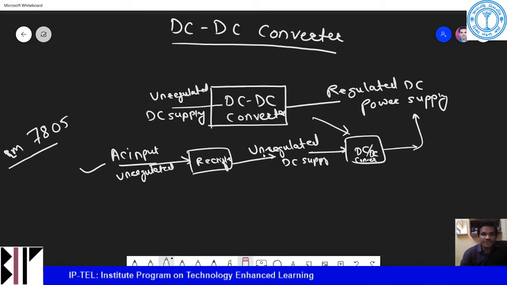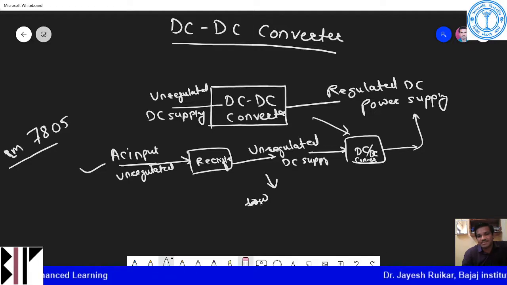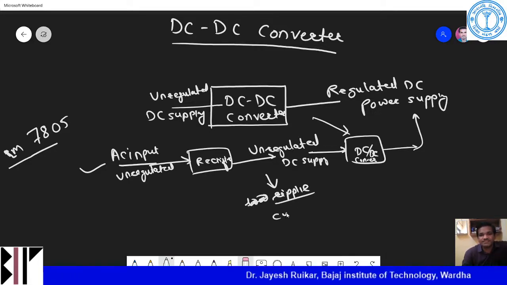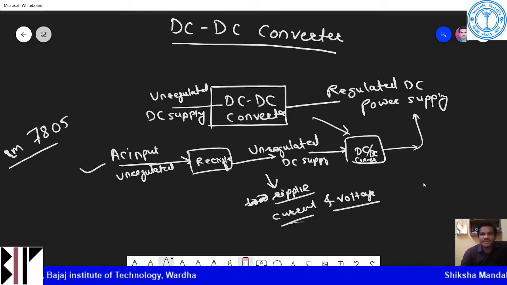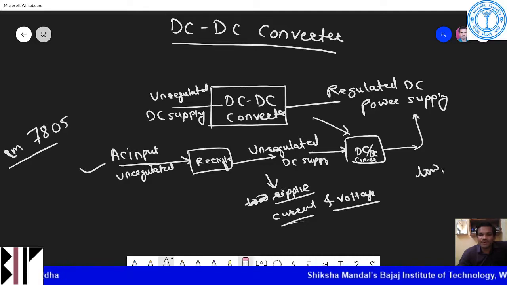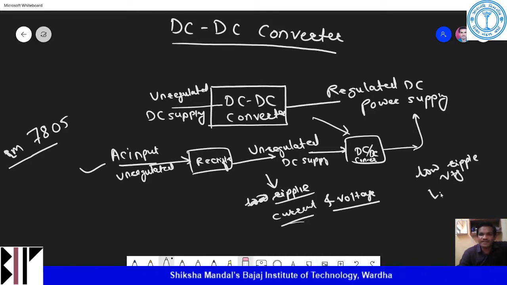In the unregulated DC supply we get multiple ripples in terms of current and voltage. At the output of this DC DC converter, we have very low ripple voltage and low ripple current.